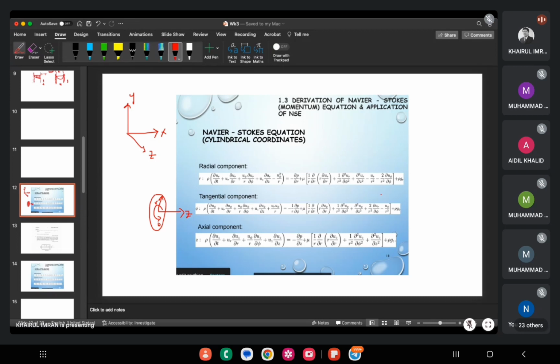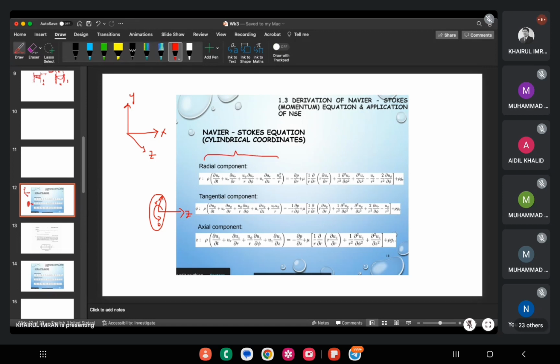So you have three components as well: radial component, tangential component, and axial component. Okay. So the step involved will be the same like what we did before for Cartesian coordinates. Okay. In fact, the equation also similar.